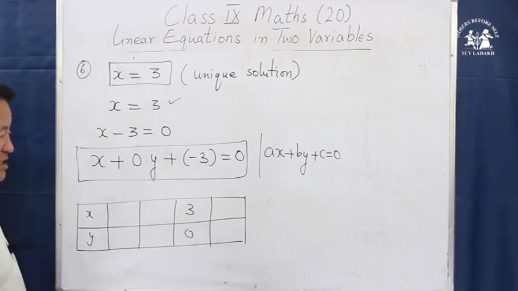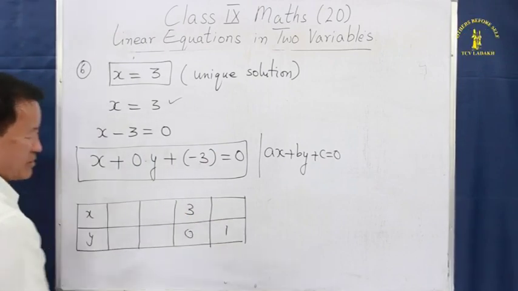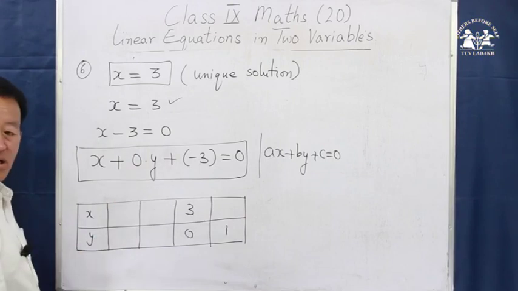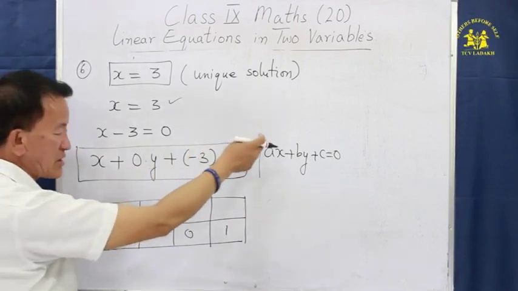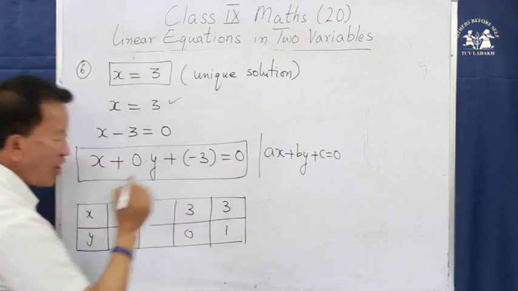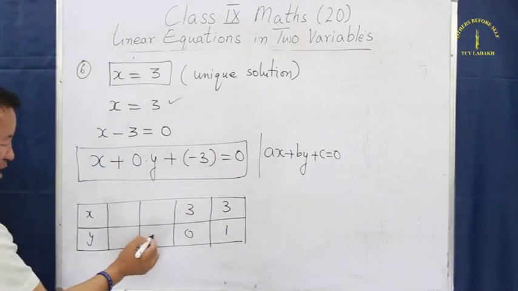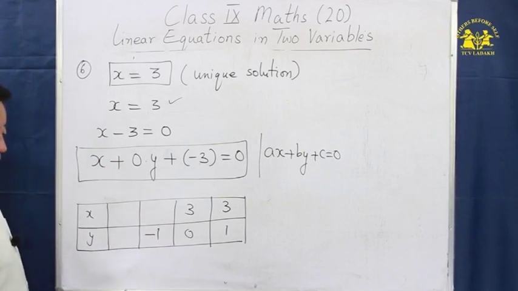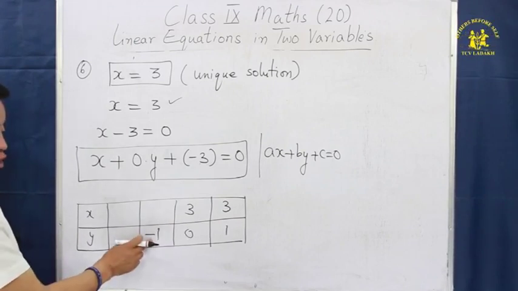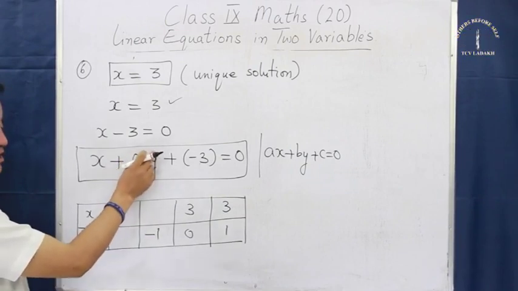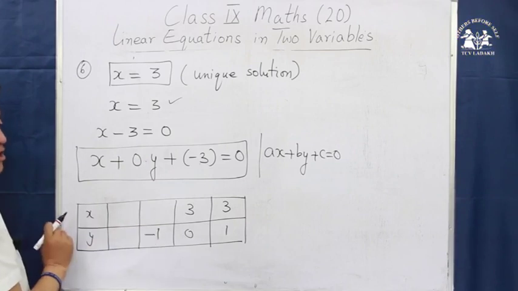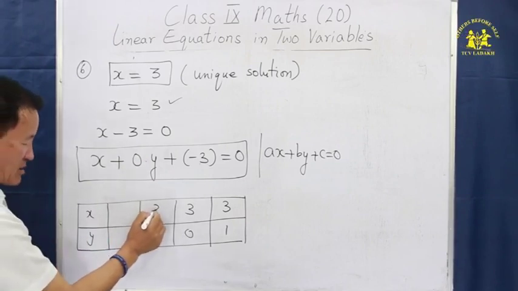Okay, if y is equal to 1, 0 ones are 0. What will happen? Minus 3 goes to the other side. The value of x remains the same. If y is equal to minus 1, still the product of these two will be 0. So value of x is 3.